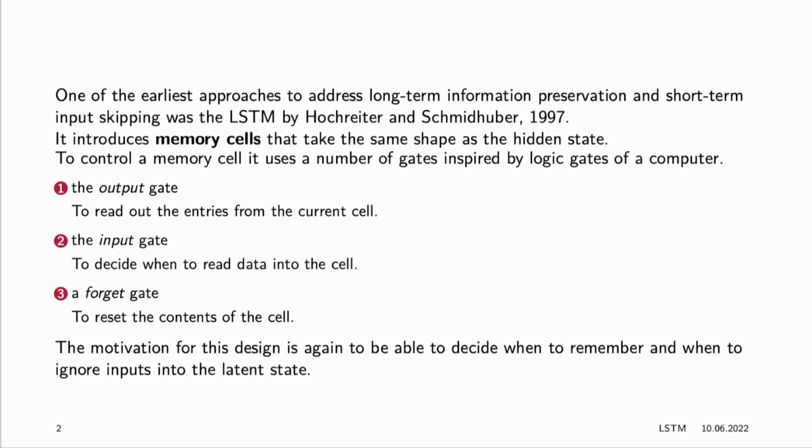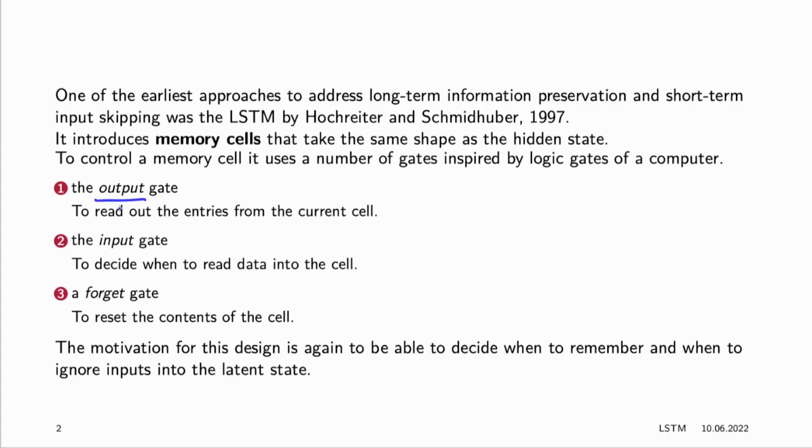It also controls the information flow of this memory cell using a number of gates that are inspired by logic gates in a computer. These gates are 1, the output gate, 2, the input gate, and 3, the forget gate. The output gate reads entries from the current cell.